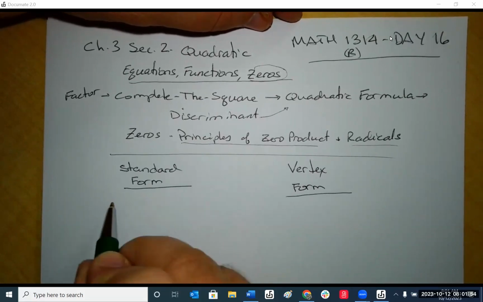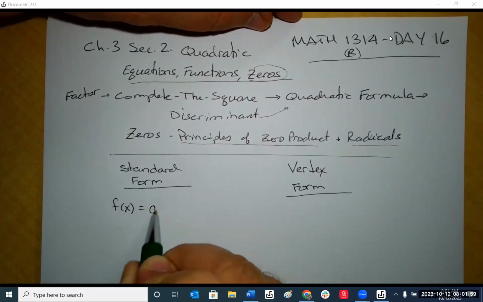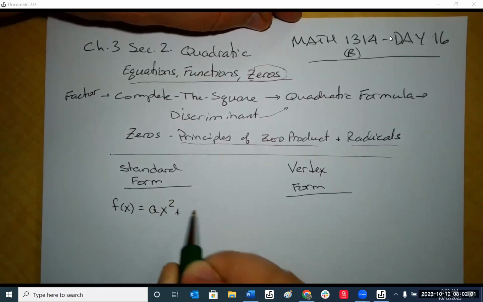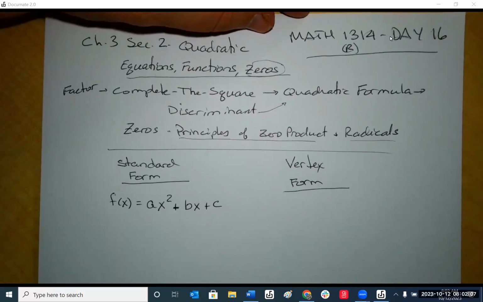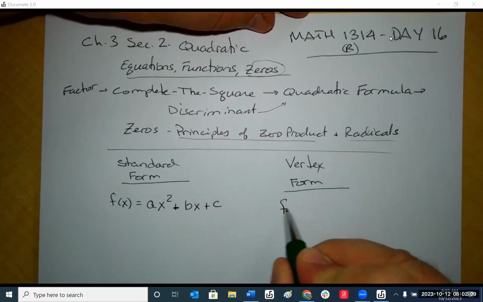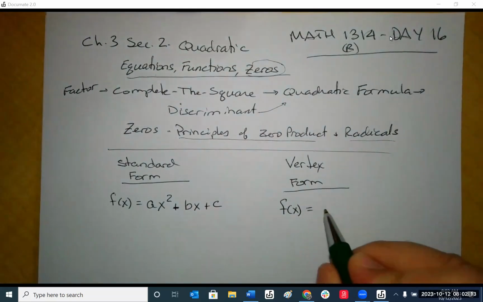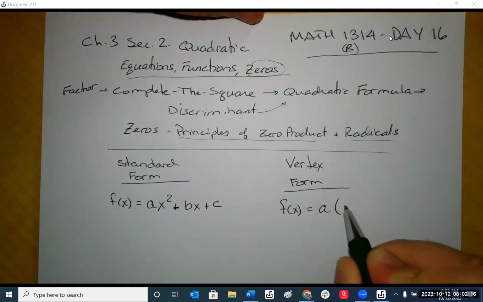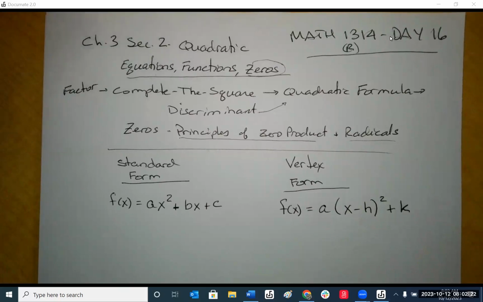The standard form is f of x equals ax squared plus bx plus c. And the vertex form is equal to a times x minus h squared plus k.